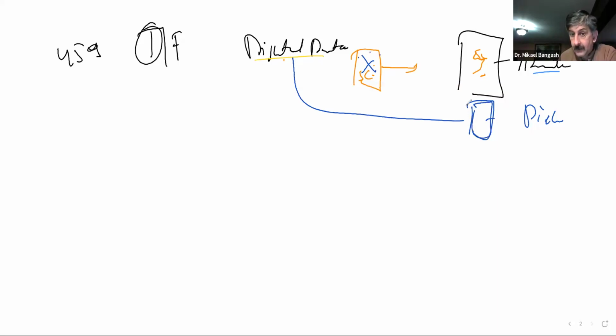This system, which is digital, would not understand the analog format. Did you get that?